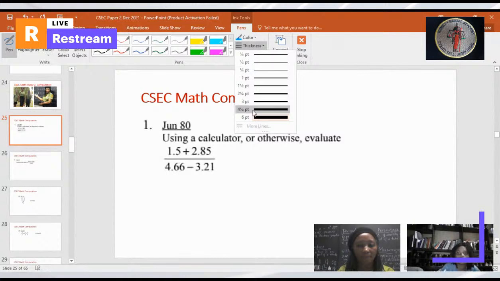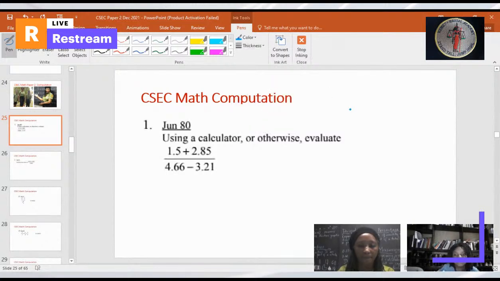Okay, miss. So first, we're going to do the numerator. Well, we can't divide yet, so we have to work the numbers up here first. So you're saying you're going to work these up here first, and then you're going to work the numbers in the denominator. Yes, miss.